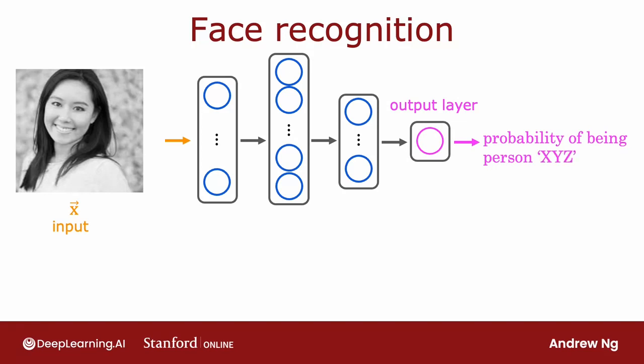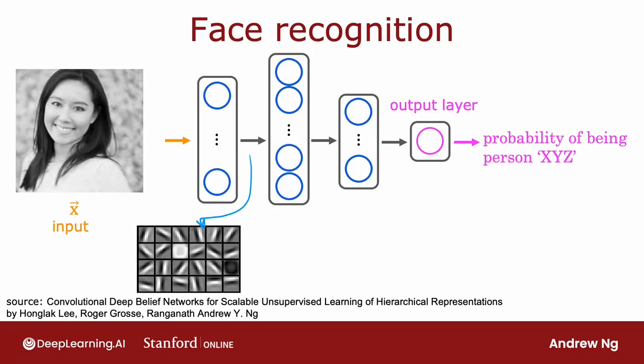One interesting thing would be to look at a neural network that's been trained on a lot of images of faces, and try to visualize what these hidden layers are trying to compute. When you train a system like this on a lot of pictures of faces, and you peer at the different neurons in the hidden layers to figure out what they may be computing, this is what you might find.